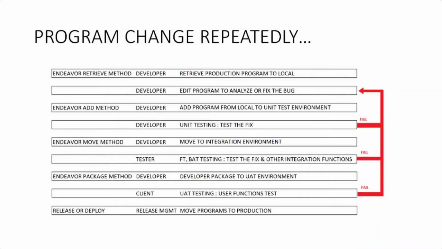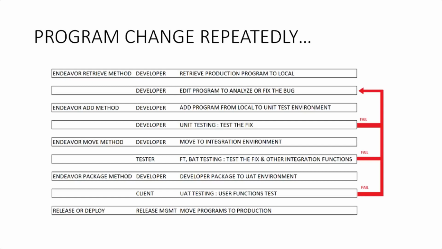The next understanding is changing a program and testing repeatedly. This is the standard procedure as I said before. With the Endeavor retrieve method, the developer retrieves the production program to local, and in the local PDS analyzes and tries to fix the bug. Then add the program from local to the unit testing environment and perform the unit testing of the fix.